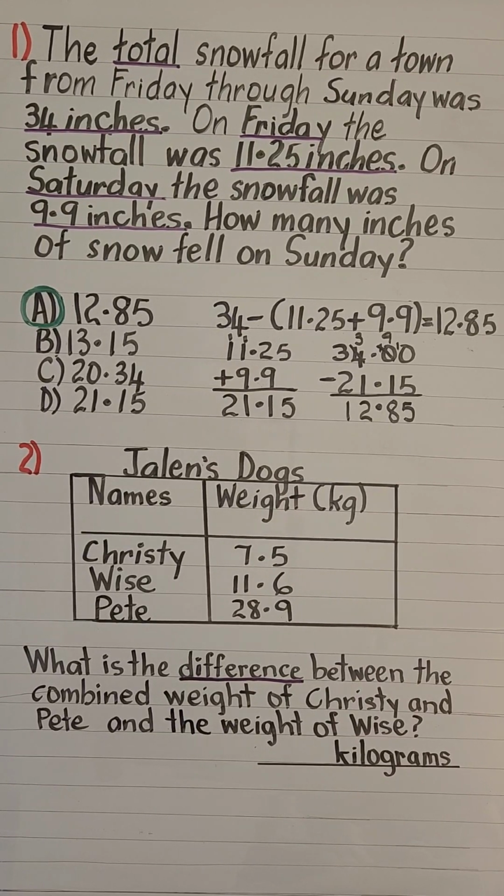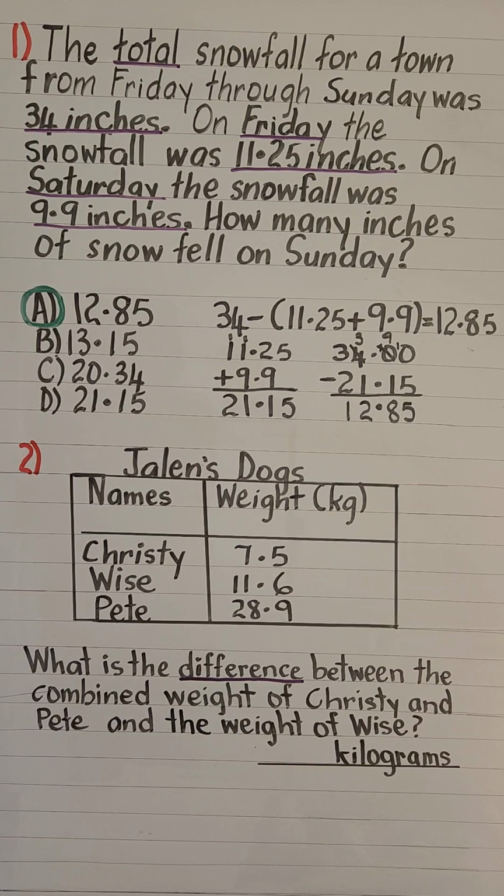Now moving on to number 2. The table shows Jalen's dogs' names and weight in kilograms. Christy, 7.5 kilograms. Wise, 11.6 kilograms. And Pete, 28.9 kilograms.